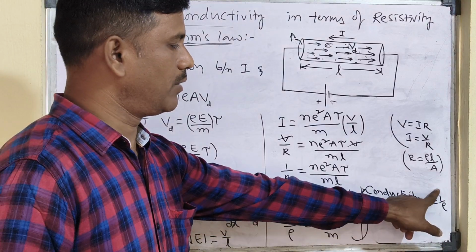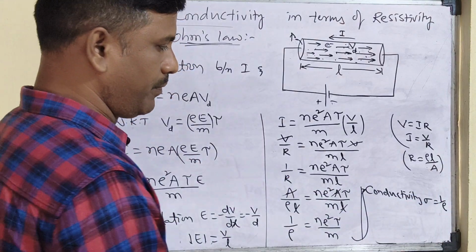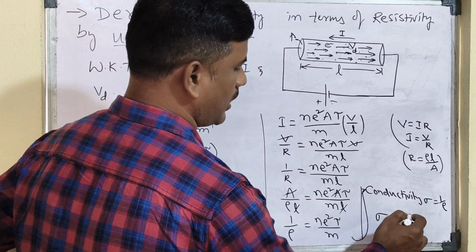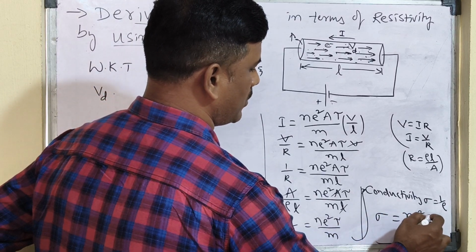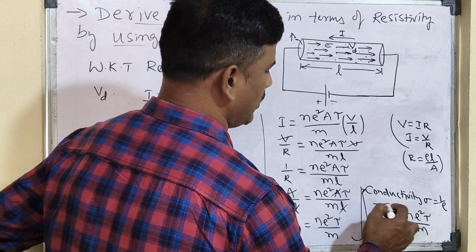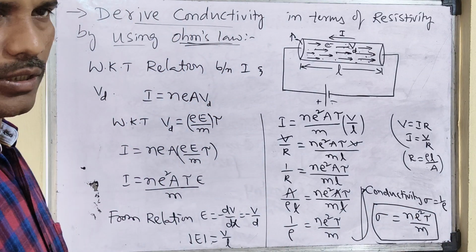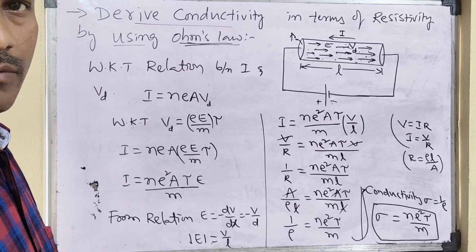Conductivity means the reciprocal of resistivity. So now 1 by rho is replaced by sigma. Sigma, which is conductivity, equals n e square tau divided by m. This is the conductivity equation. So it is very important for 5 marks in the PU exam.